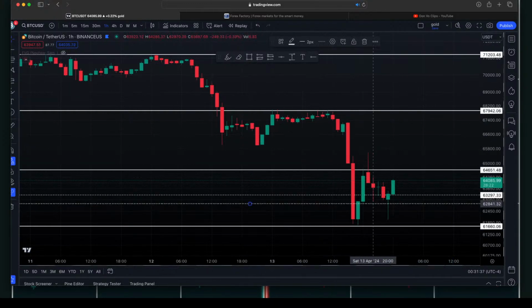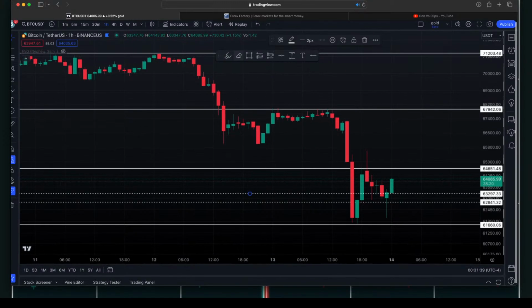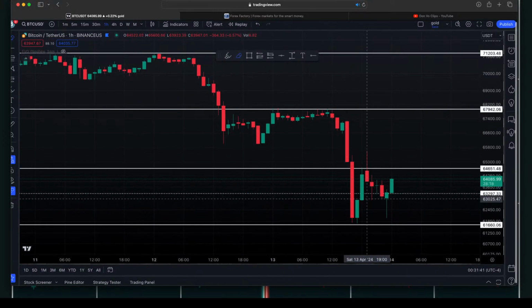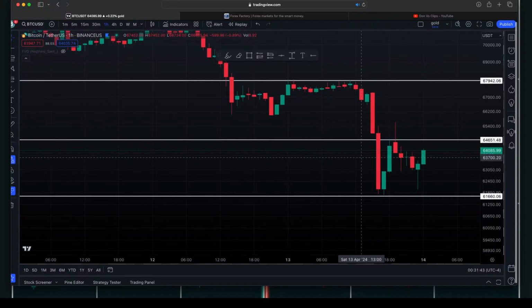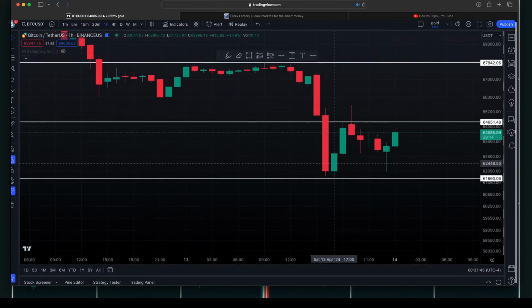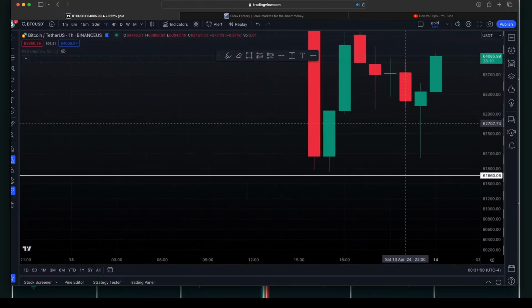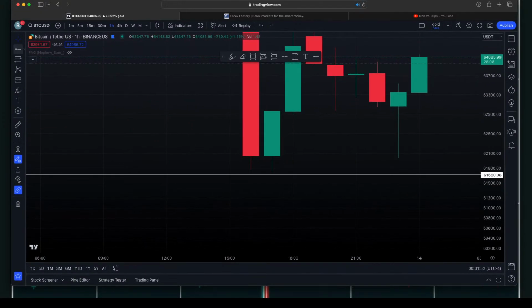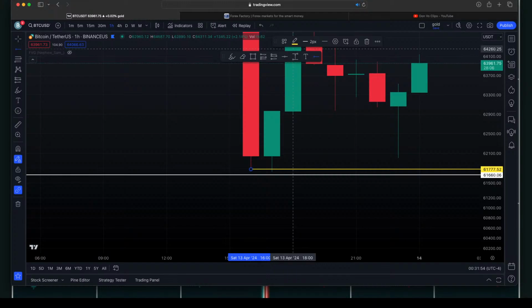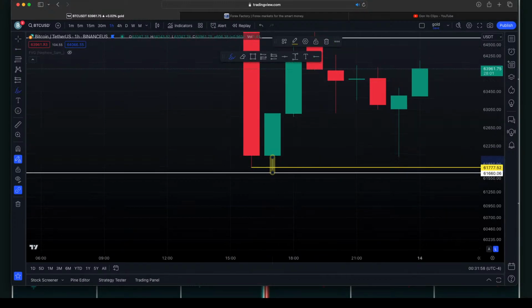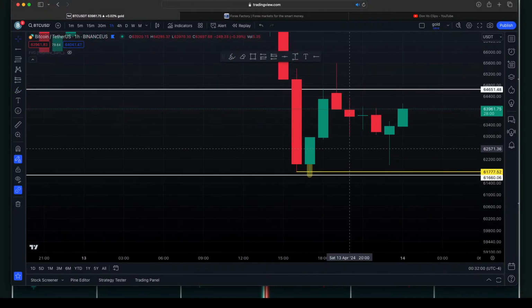So it did do it on the 1 hour, which is explaining why we did a retest and it's not going anywhere. See, that candle right there was the break of the candle, and then boom, that is the break of it, and it started to move up. So that's a good sign.